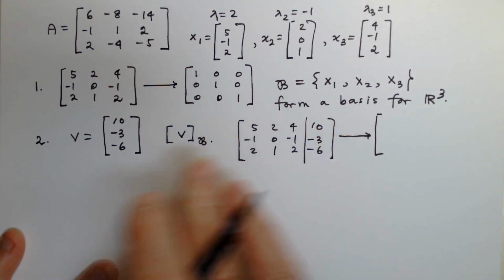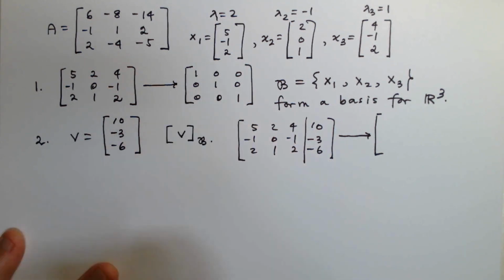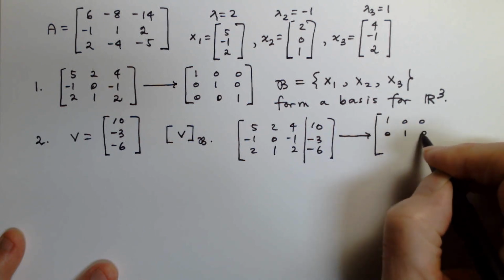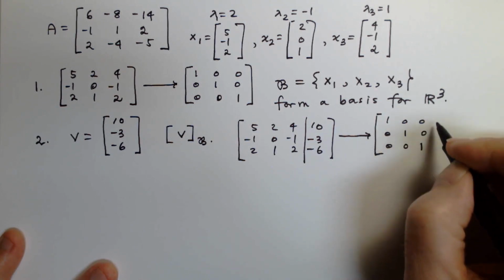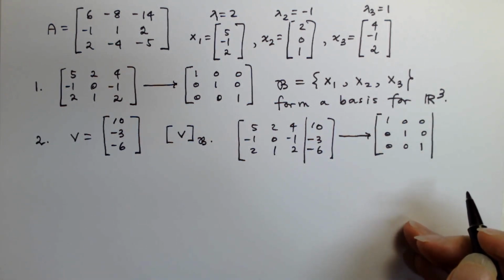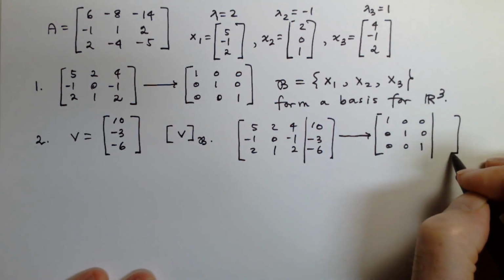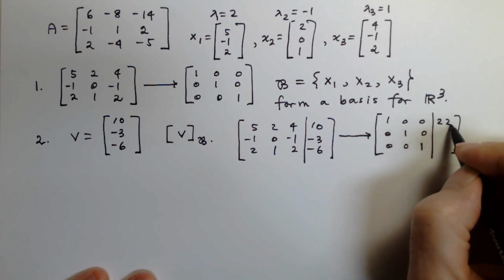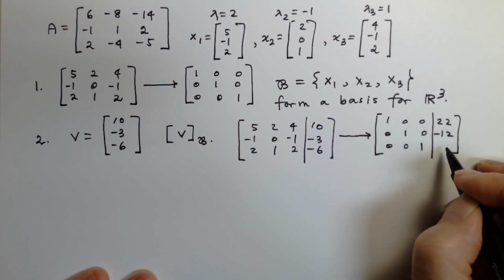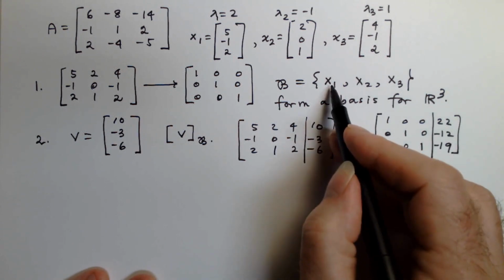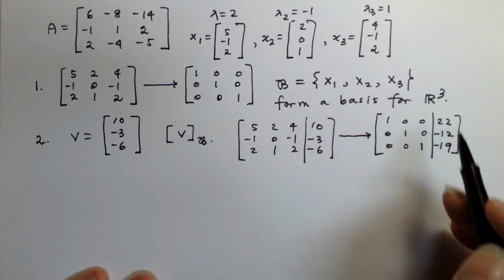And again, not surprisingly, on the left-hand side, we're going to get the identity matrix. That's to be expected. Now, what we want to know is what is sitting in this augmented column. We're going to have 22, a negative 12, and a negative 19. And so that's going to tell us exactly the coefficients that we should use on x1, x2, and x3.